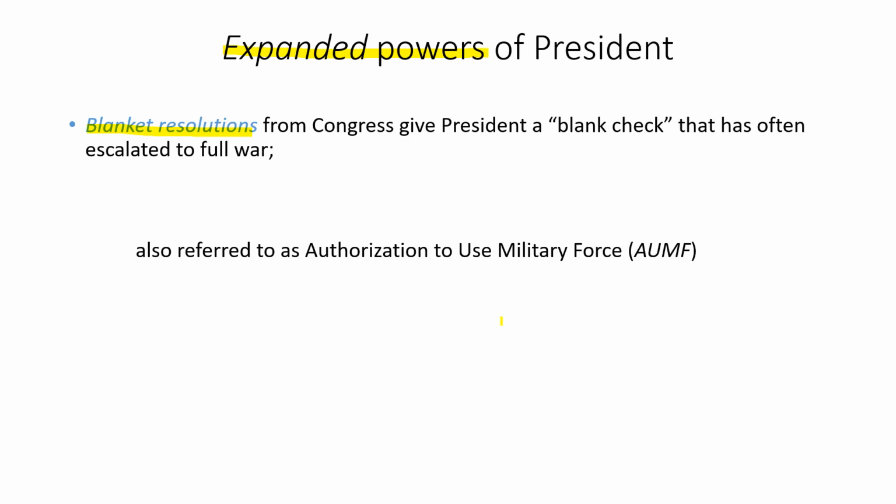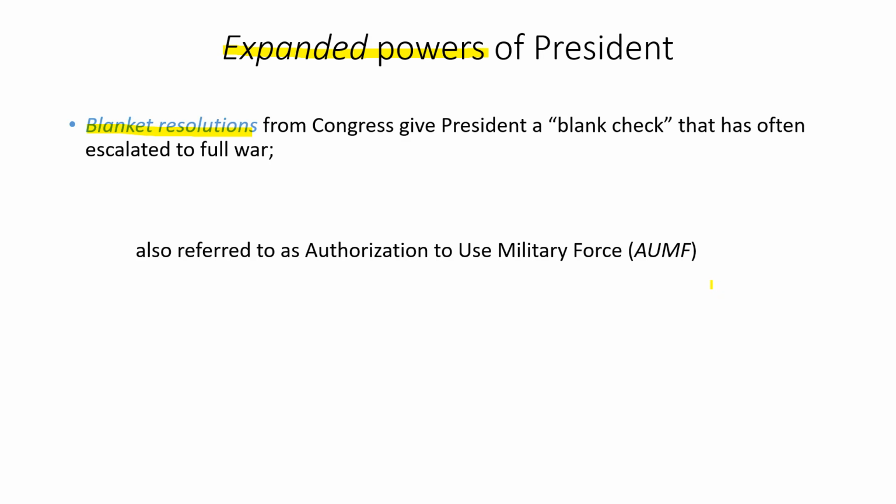Separation of powers. However, in today's world, it's becoming less and less likely that Congress will ever declare war against anyone. The last time Congress actually did declare war was World War II. So look at what's happened since then, and you'd have to ask yourself, how did that happen?